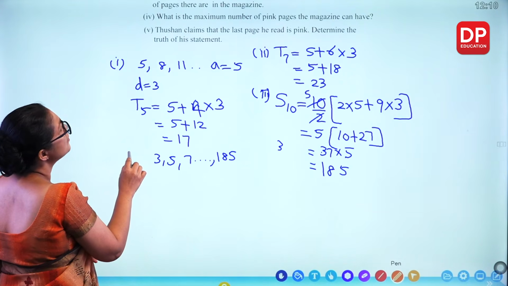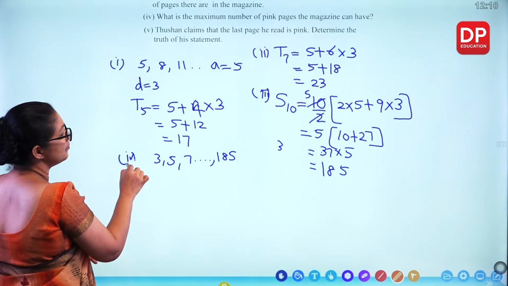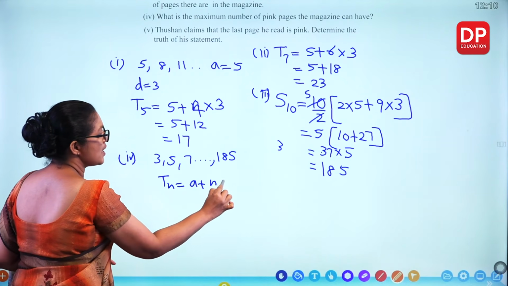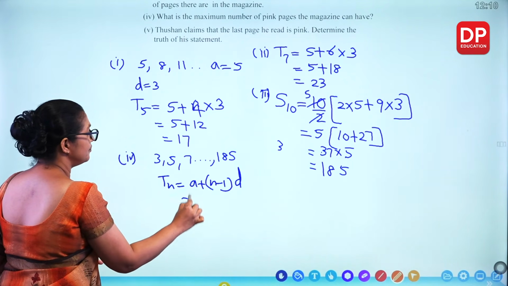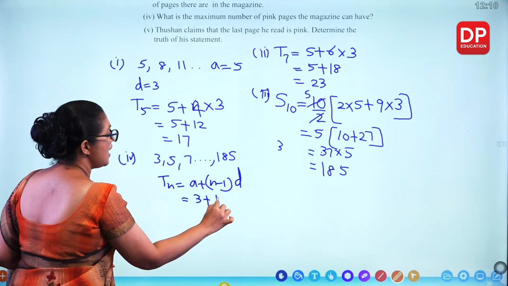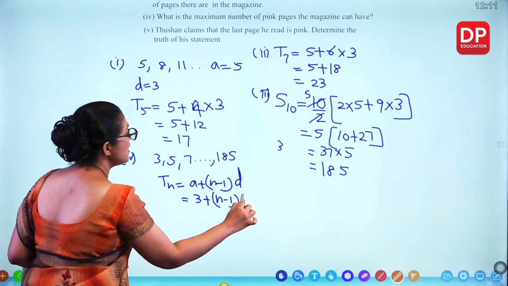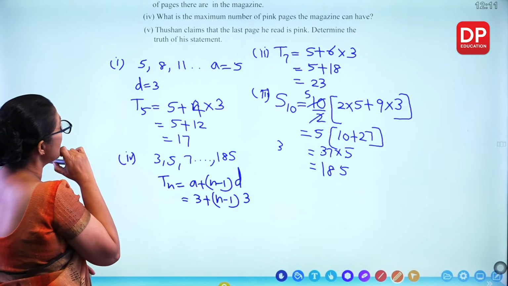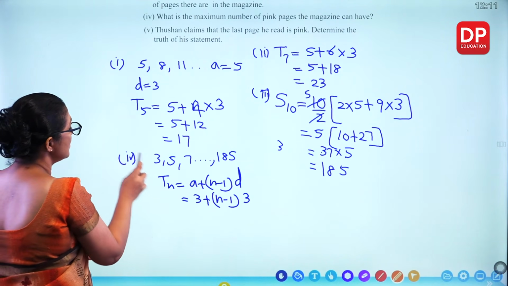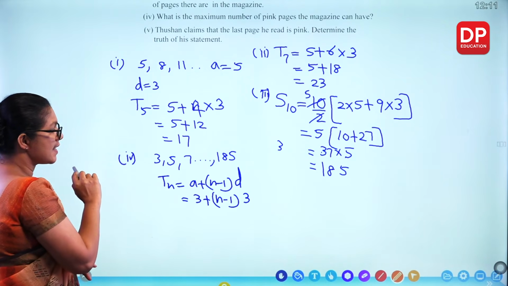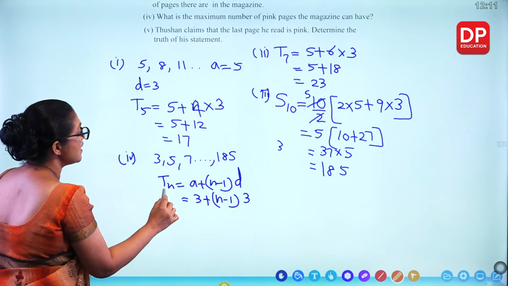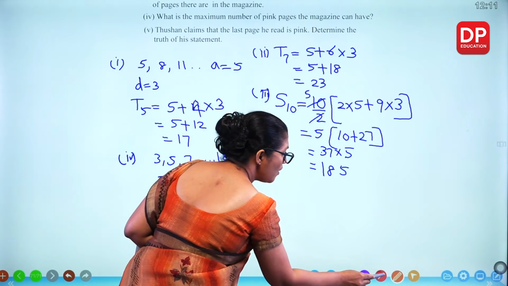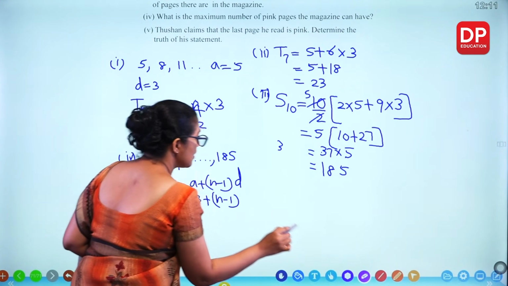This is fourth one. Tn equals a plus n minus 1 d. a is 3, n minus 1, d equals 2. What's the starting value? This is 3, for this case 3. And here difference is 2 not 3 because we are only looking at pink pages.